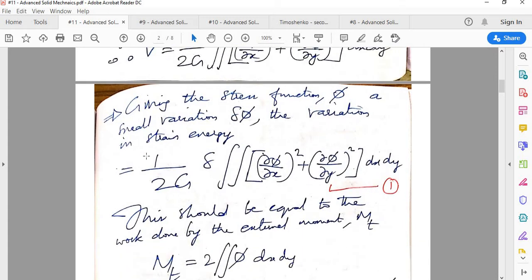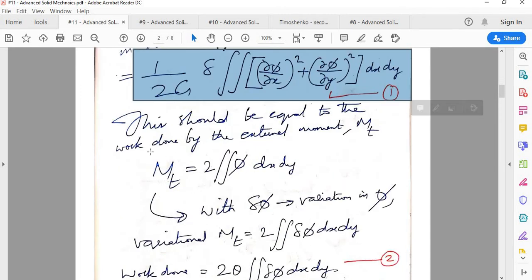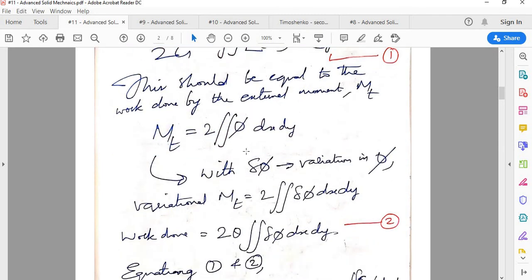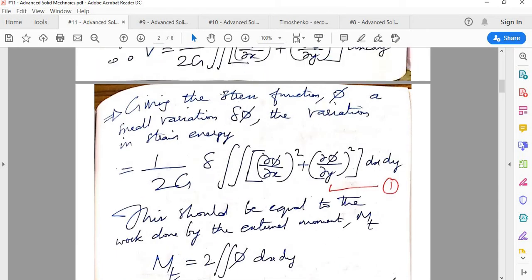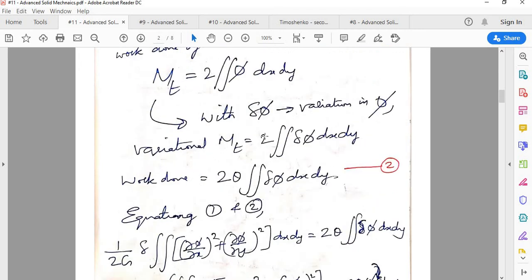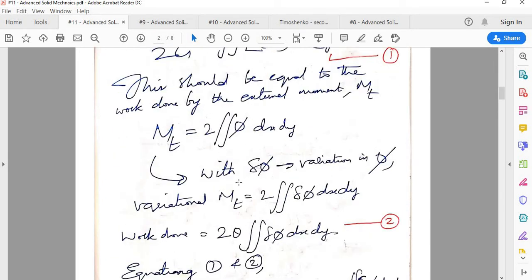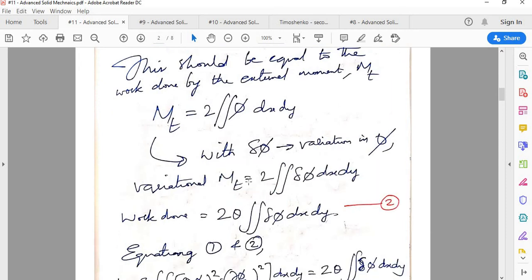Now just like here we are giving a small variation of phi, and this is the variation in strain energy, similarly for the original expression for Mt, if you give a small variation of phi given by del phi, of the same magnitude, the variation in Mt, or the change in Mt, will be 2 double integral del phi dx dy. Now the work done due to this variation in Mt is, remember, moment will cause rotation.